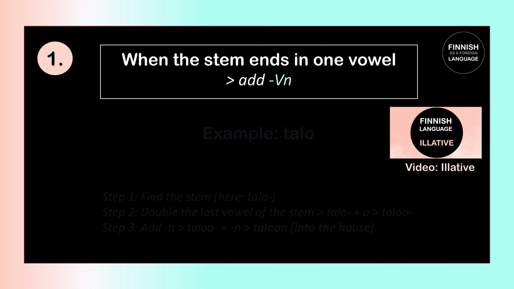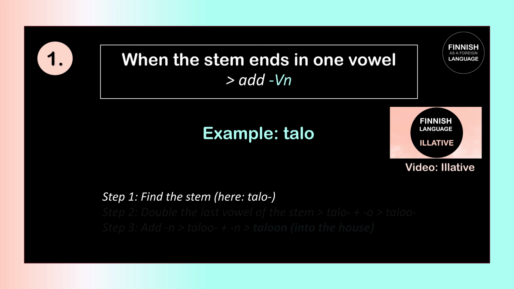So rule number 1, when our stem ends in one vowel, then we have to double the last vowel of the stem and also add an extra N to it. Let's take a look at one example. Talo means house. So in order to form the illative case of it, we first have to find the stem, which is also talo.